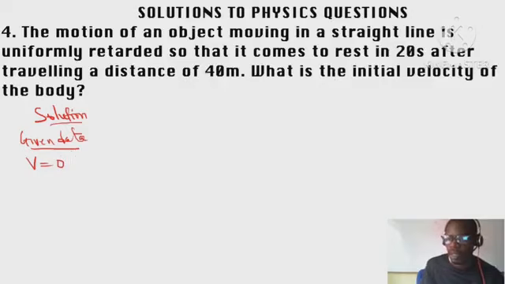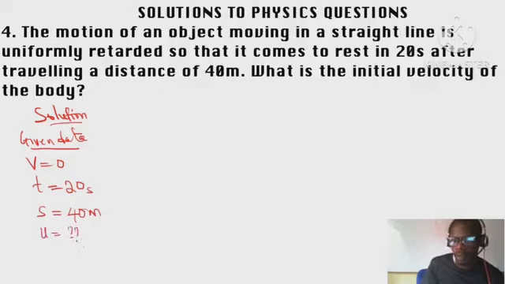It comes to rest in time t equal to 20 seconds, traveling a distance x equal to 40 meters. Then what is the initial velocity? That means u. That's what we are looking for.